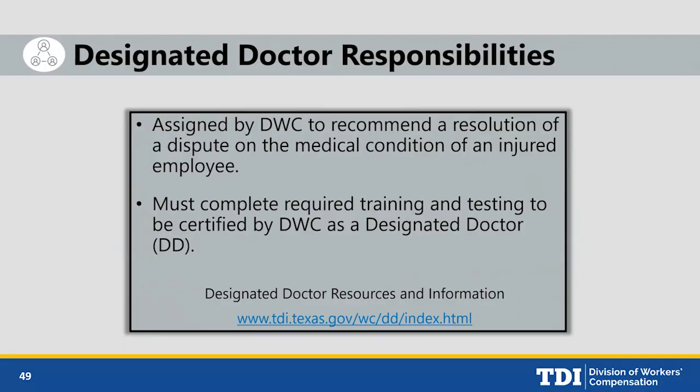So these doctors have to undergo specialized training to understand the workers' compensation system and how their role affects injured employees. To become a designated doctor, they must first complete training and testing, and then they have to apply to be included on the division's official list of designated doctors.